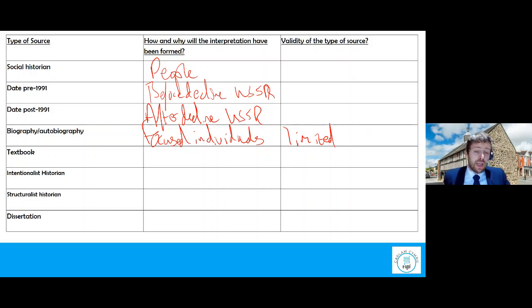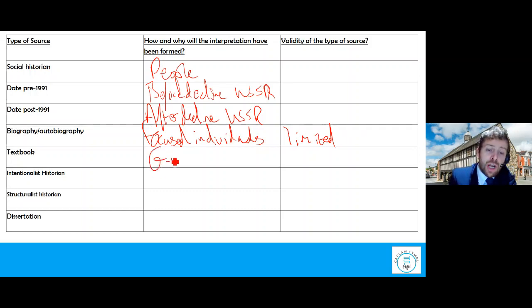But having said that, if the key issue in the question is asking about the role of a specific individual, then their biography might be very helpful. One thing biographies do tend to do, and I'll warn you of this now, is overplay the importance of that individual because it's almost like they're trying to justify why they're writing that book. There's no point writing a biography about someone who's not very important, is there?